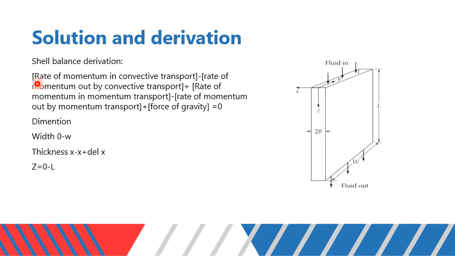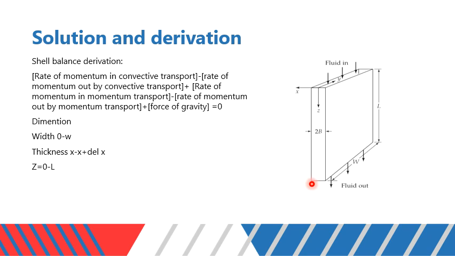So what does the shell balance say? Rate of momentum in by convective transport minus rate of momentum out by convective transport, plus rate of momentum in by momentum transport minus rate of momentum out by momentum transport, plus force of gravity or any other external forces, should be 0.